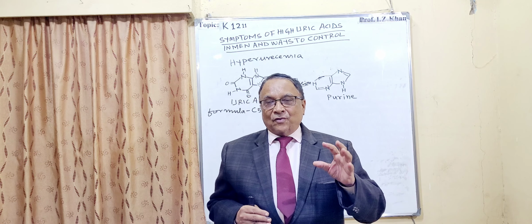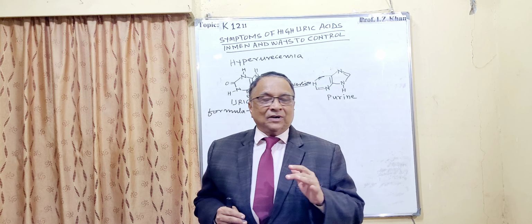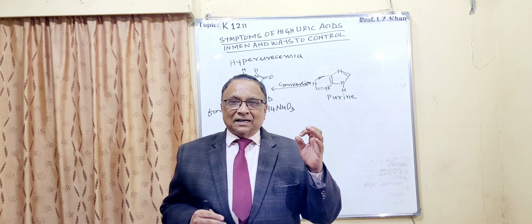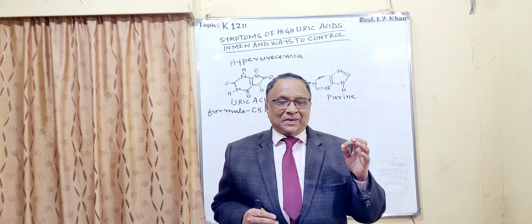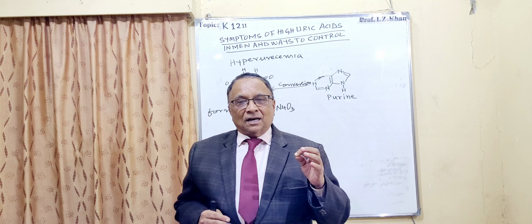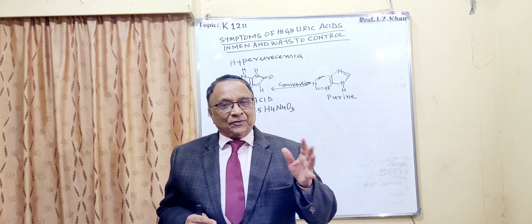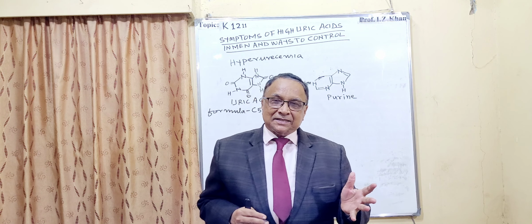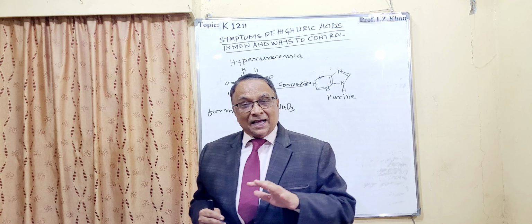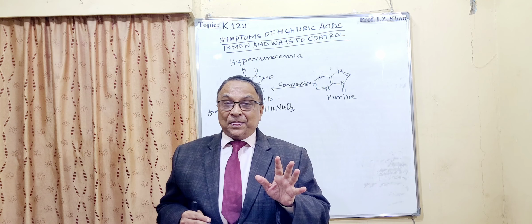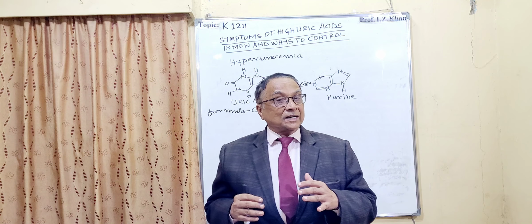So what symptoms you are getting, that symptom will tell. Once you are getting a reddish swelling, inflammation of your toe, of your feet, of your joint, stiffness and sleepless nights, disturbing sleep, these are all important symptoms.